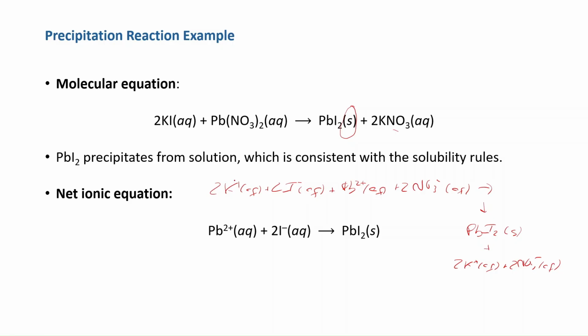So now you say, okay, potassium appears in both of them, and nitrate appears in both of them. So what is left? Lead plus 2 iodides, aqueous, lead iodide, solid, that is your net ionic. You didn't have to guess that it was going to be solid. You use the solubility table to determine that. You see how easy it is when you have the solubility table?